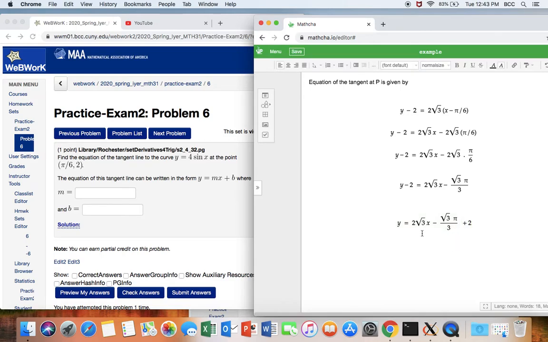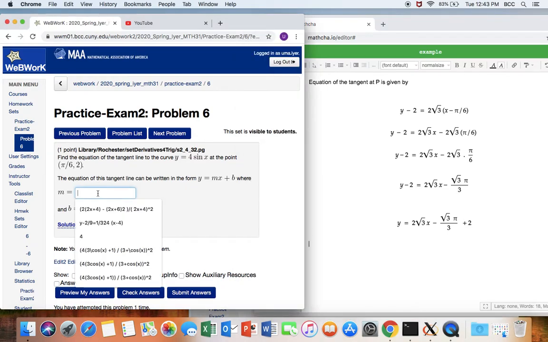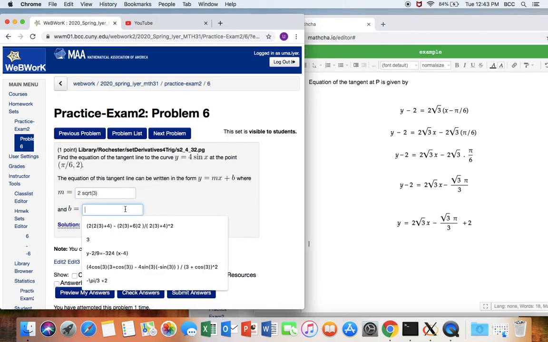So we finally have the slope-intercept form, slope being 2 square root 3. In WeBWorK, you would write 2 simply square root 3. What about the rest of this? b is the rest of it, including the sign.